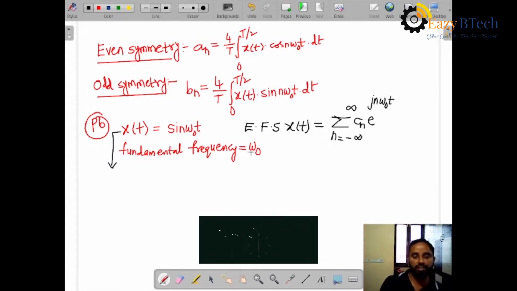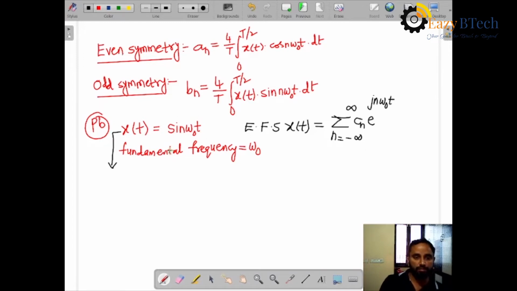Just like Euler's formula, sin theta can be written as e power j omega naught t minus e power minus j omega naught t, divided by 2j.